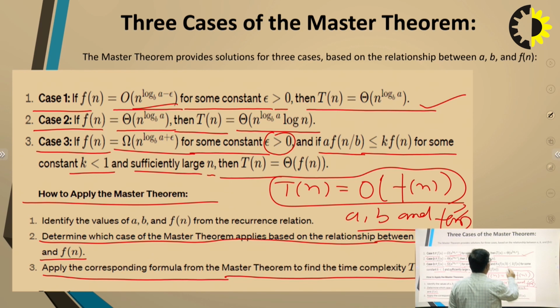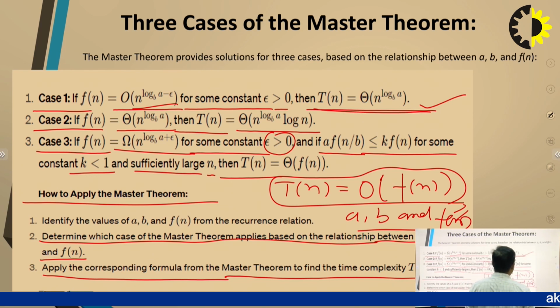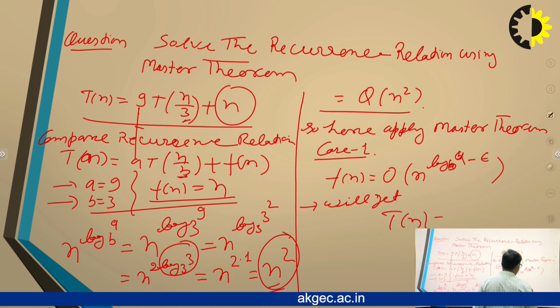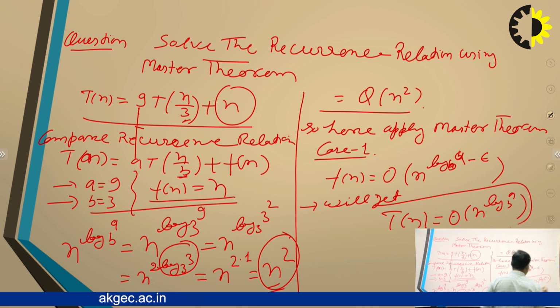Then we will get the time complexity: Tn equals to big O n to the power log a base b.